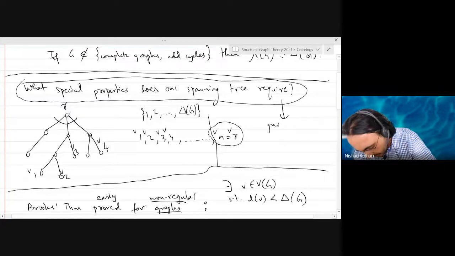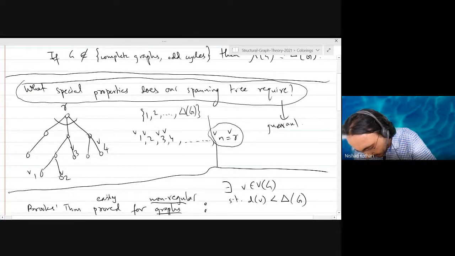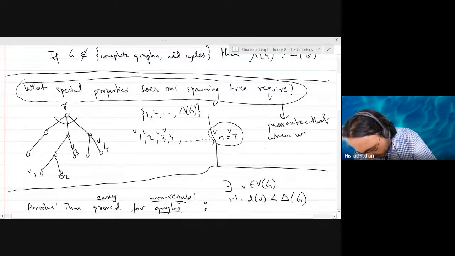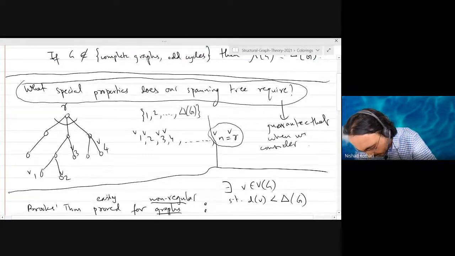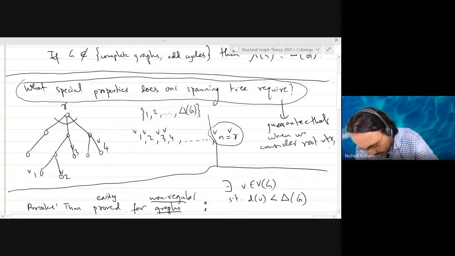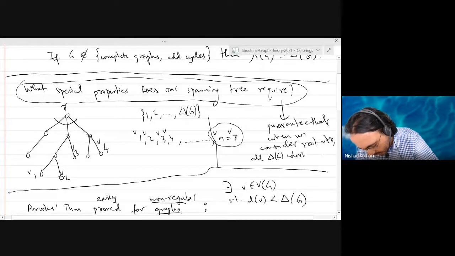Somehow we want to guarantee that when we consider the root vertex, all delta colors have not been used by its neighbors.